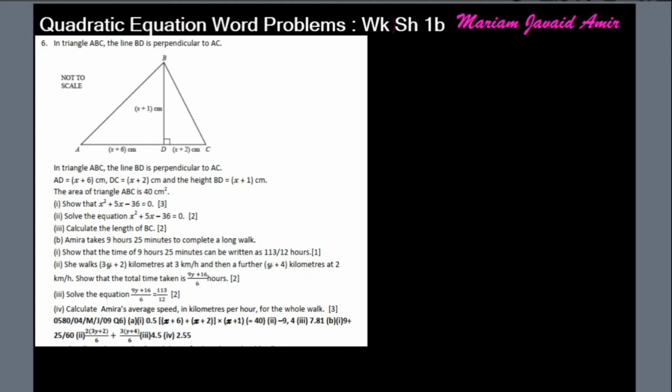Show that this equation holds true for the given information. For that, we will simply use the formula for the area of a triangle, which is half into base into height, and we're given the answer for area, which is 40 centimeters square.